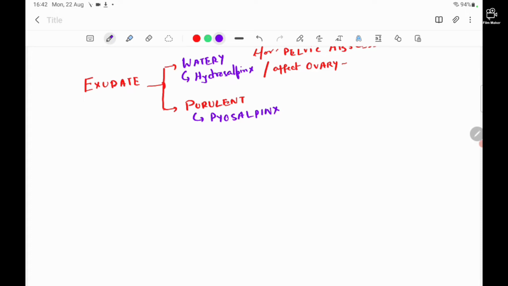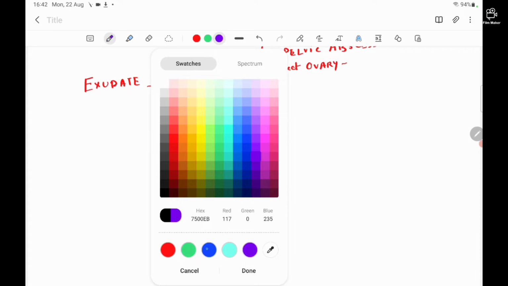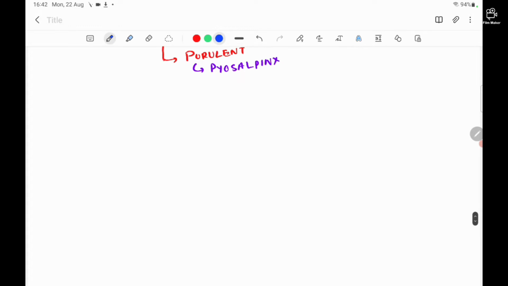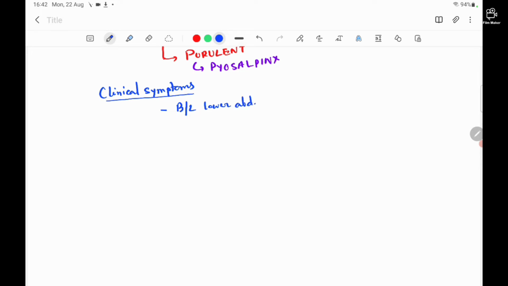Then clinical symptoms. What symptoms will the patient have? The patient will complain to you about a bilateral lower abdominal pain.